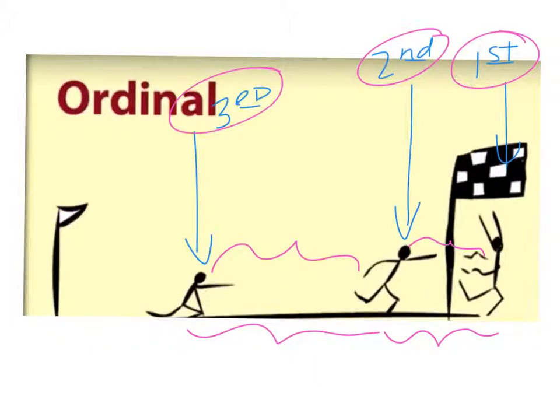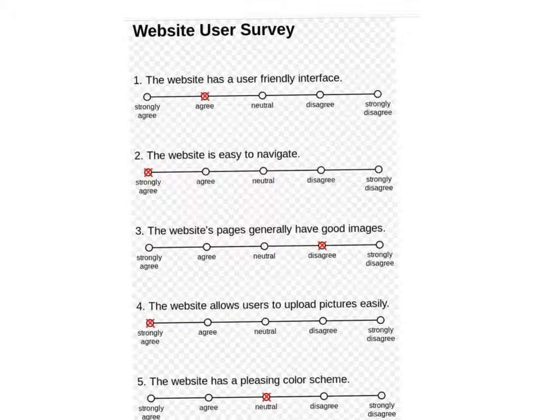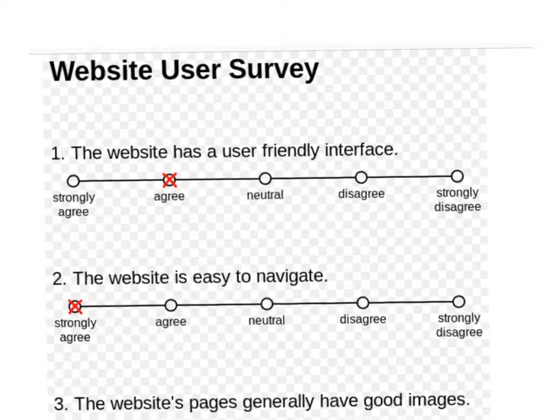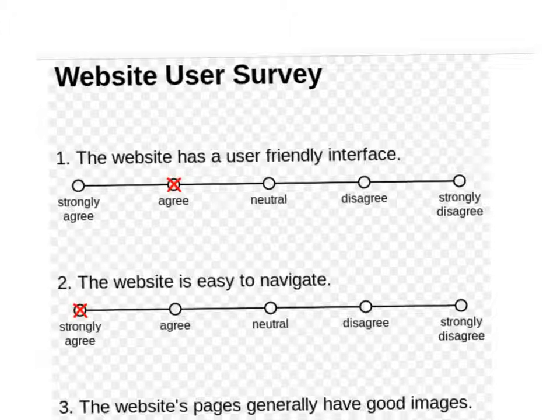So there's not necessarily an even interval between each order. This really matters in things like social research. Say you're working for a company and you want to find out whether or not people think that your website has a user-friendly interface.